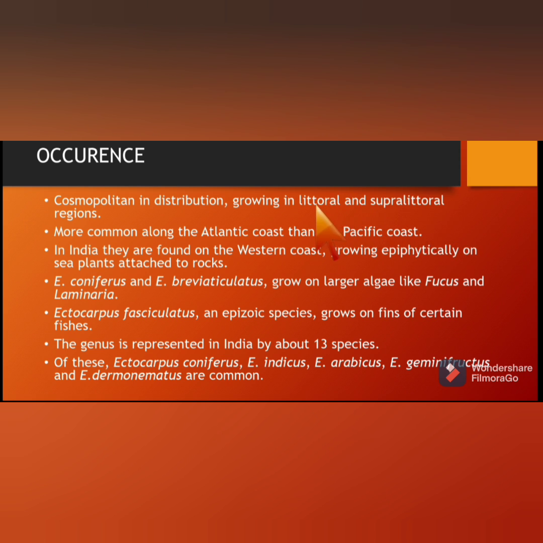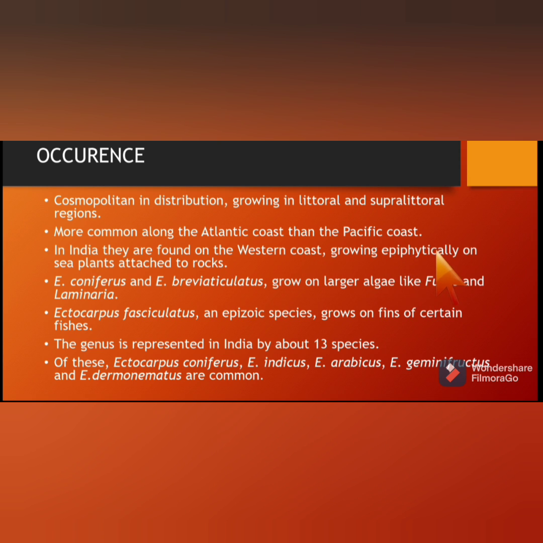So these species of Ectocarpus are commonly found in these regions. And Ectocarpus is most common along the Atlantic coast than the Pacific coast. And in India, they are found on the western coast, growing epiphytically on sea plants or attached to rocks.